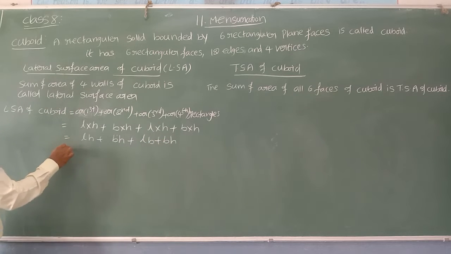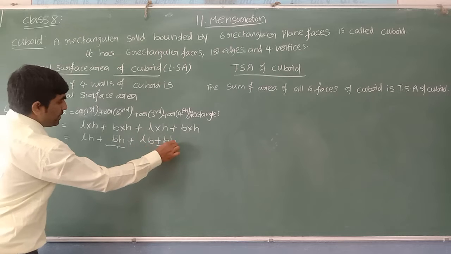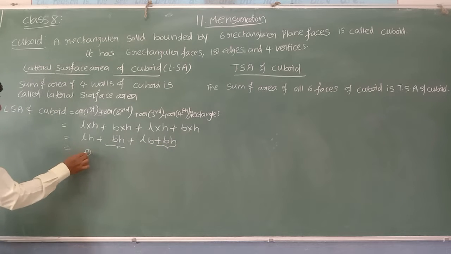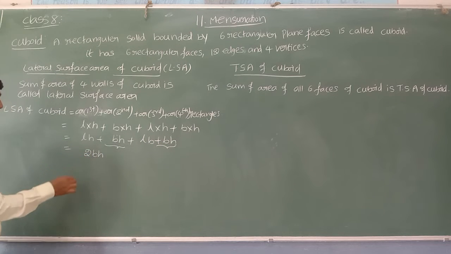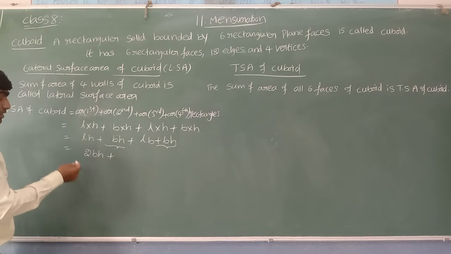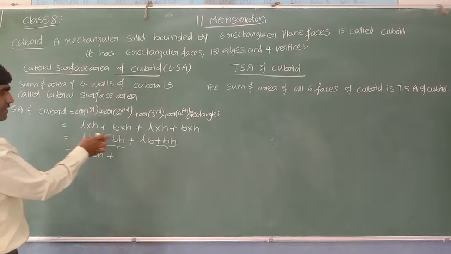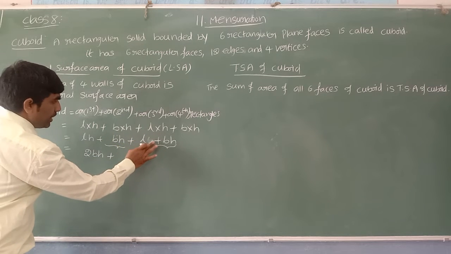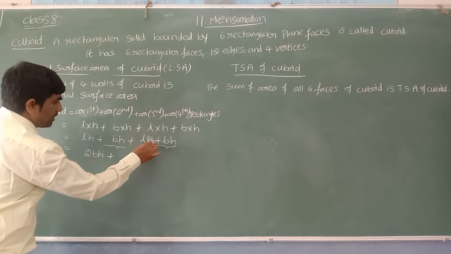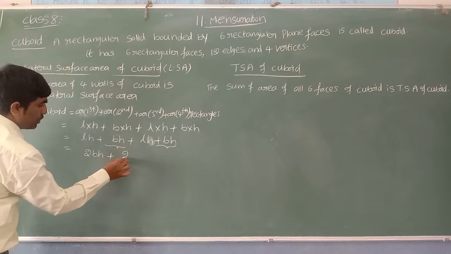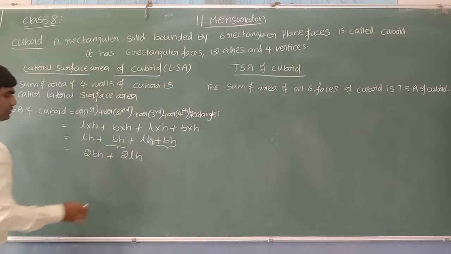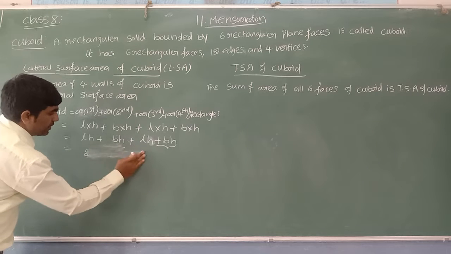Simplify the like terms here. BH plus BH is 2BH. LH plus LH is 2LH. You can write them together also, no issues.